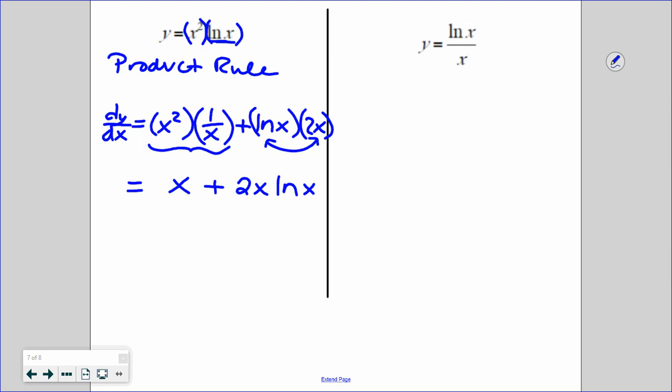I'm noticing, sometimes you might see the answer written in factored form, possibly like on a multiple choice question. Okay, in this next example, the function is natural log of x divided by x. So we have to do quotient rule here.